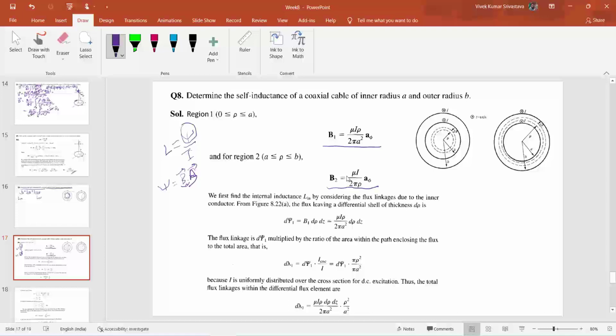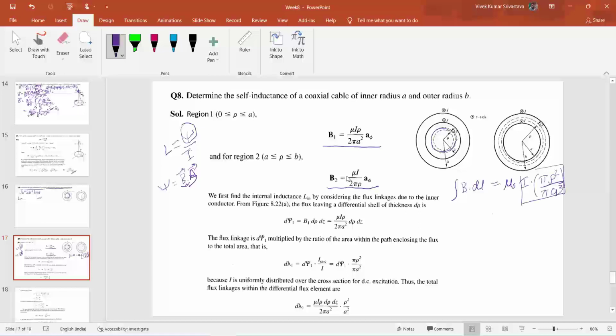For determining how much field is linking in the inner conductor, you will take B dot dl equals mu into the total current existing inside this Amperian path, which is defined as I into pi rho square over pi a square, because the current inside this Amperian path of radius rho is due to this factor only.